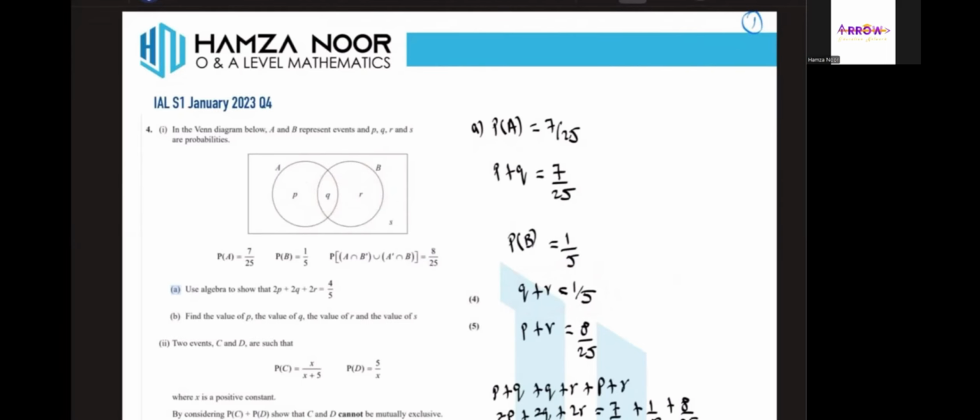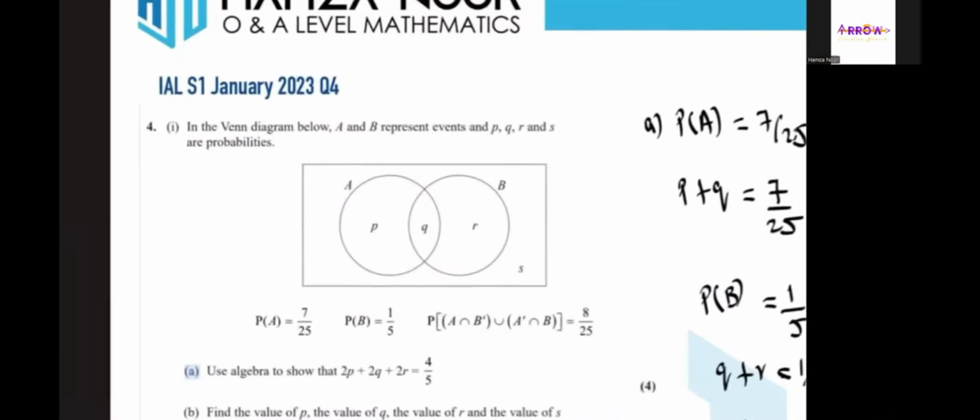As far as the third condition is concerned, which is given to us as 8 over 25, what you understand by this is the union of these two events, A intersection B complement and A complement intersection B. So we have to observe this.